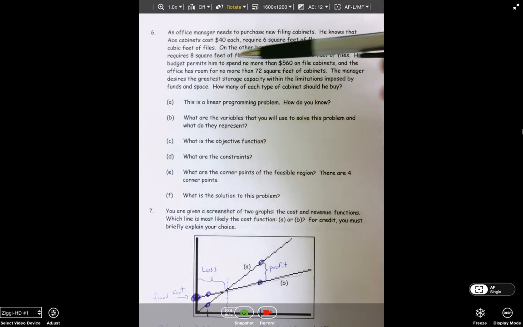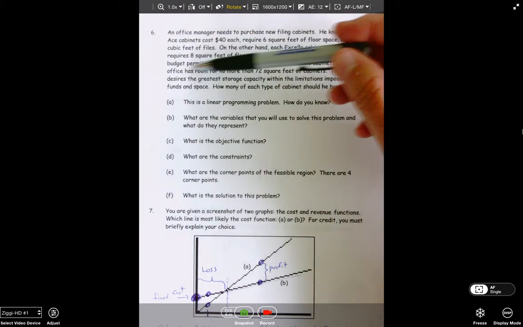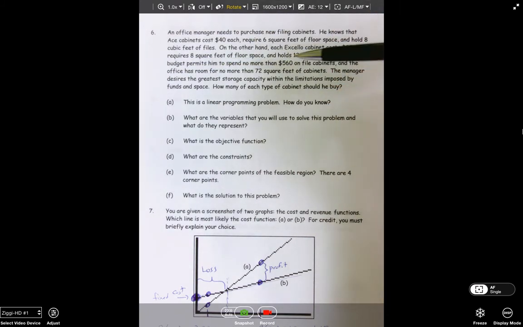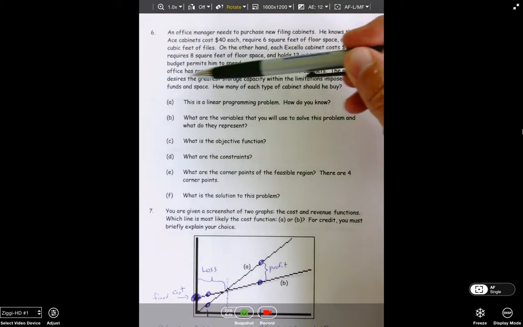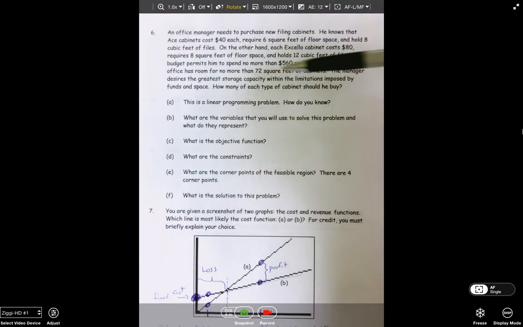His budget permits him to spend no more than $560 on file cabinets, and the office has room for no more than 72 square feet of cabinets. The manager desires the greatest storage capacity within the limitations imposed by the funds and the space. How many of each type of cabinet should he buy?